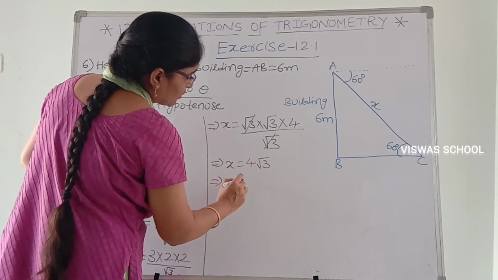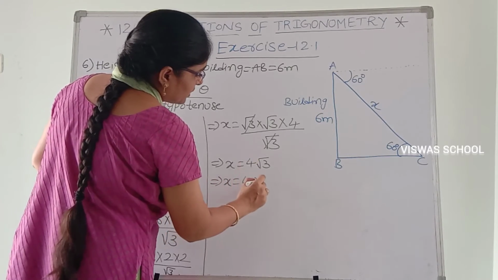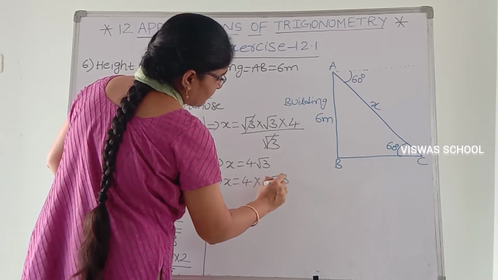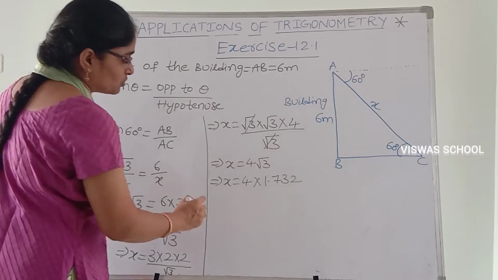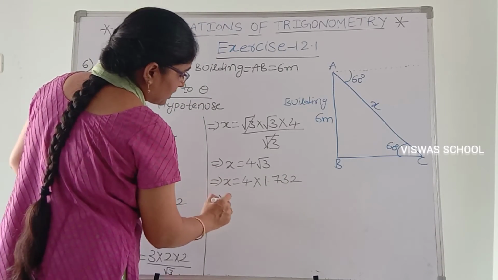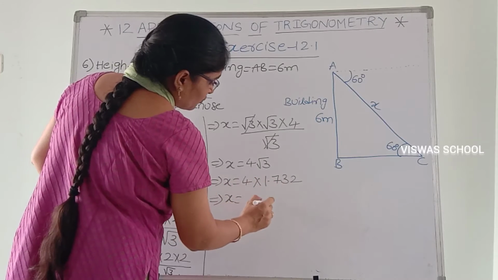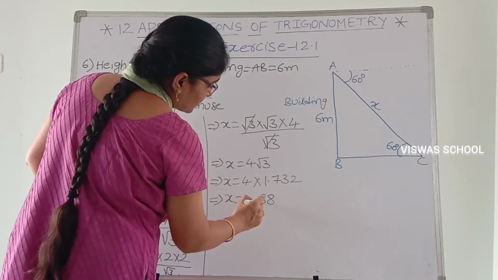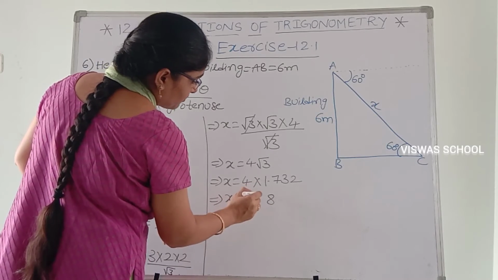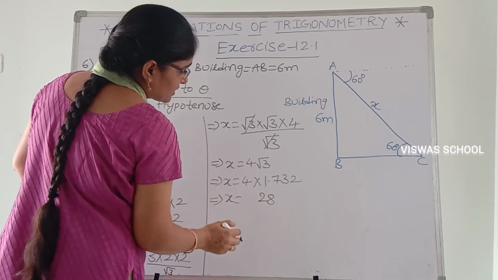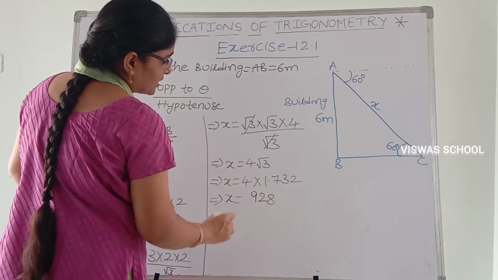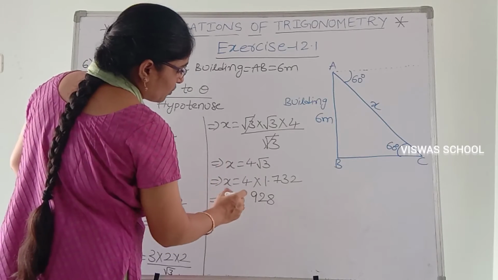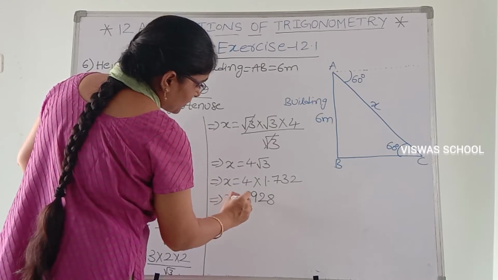Now x is equal to 4 into 1.732. Now multiply this here. 4 twos are 8, 4 threes are 12, 12 plus 1, 13. Now 4 sevens are 28, that is 29, 4 ones are 4, 4 plus 2 is 6.